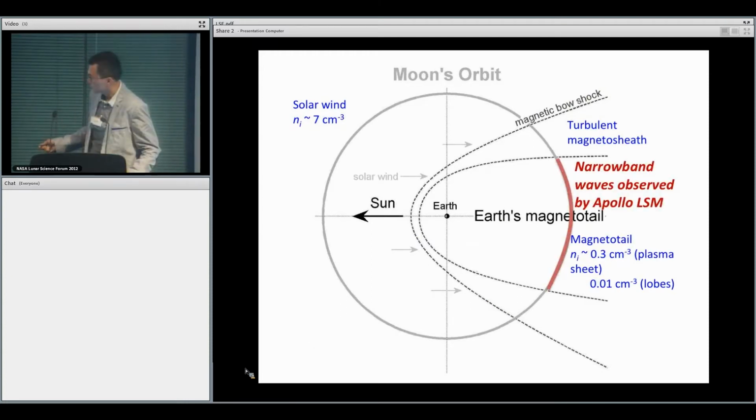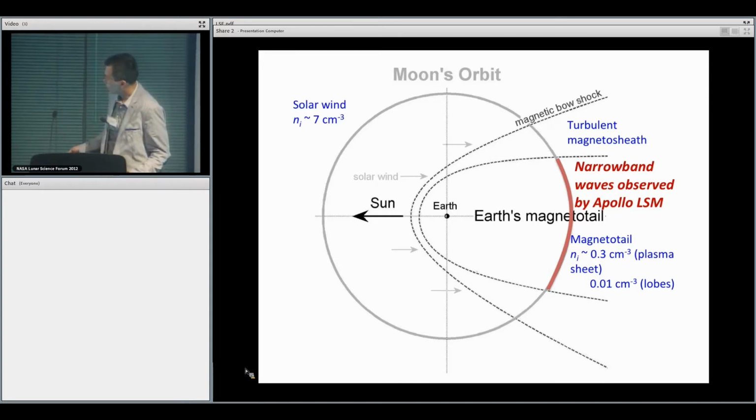The difference is that in the solar wind, the typical density is about 7 particles per cc. But our Earth has a magnetosphere which has a tail, and inside the tail the density is much lower. There are two parts of the magnetotail.